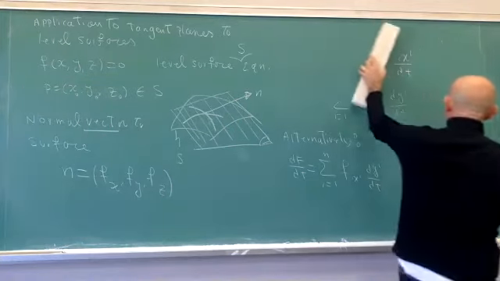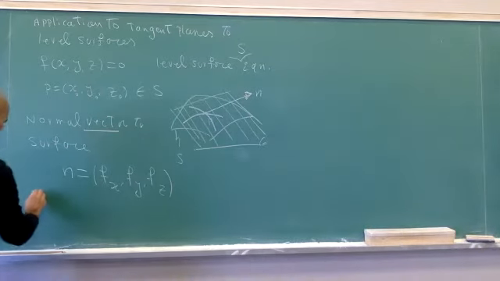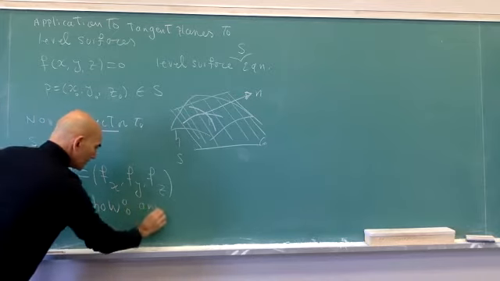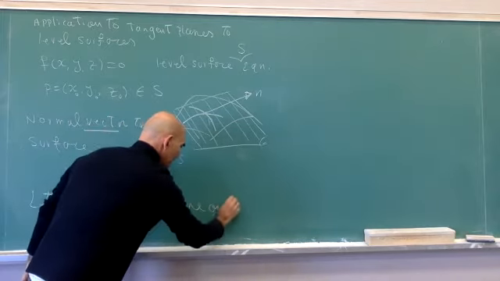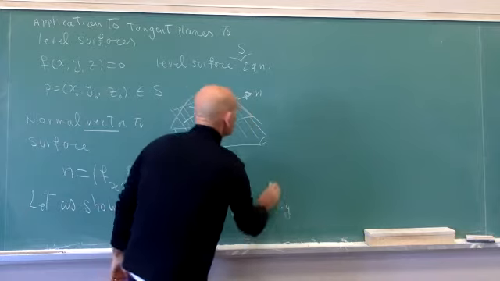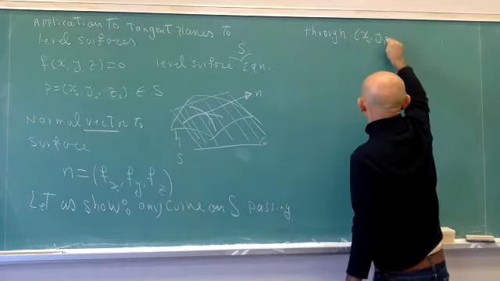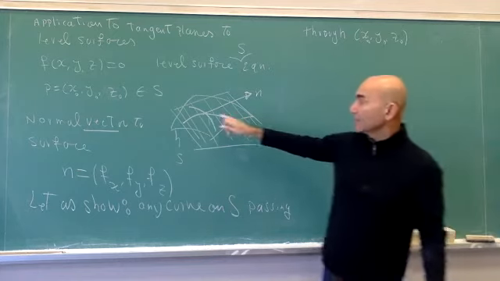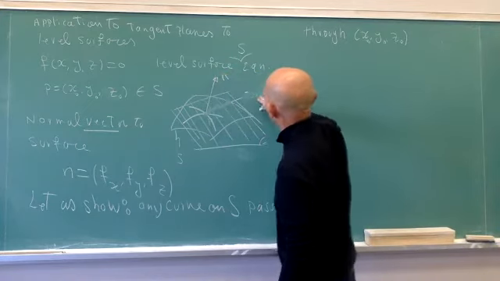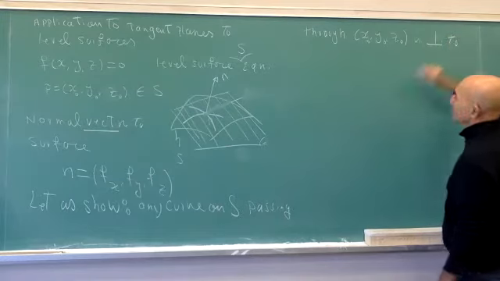So what we are going to show is that any curve on the surface S passing through x0, y0, z0 is in fact orthogonal to this normal vector n.